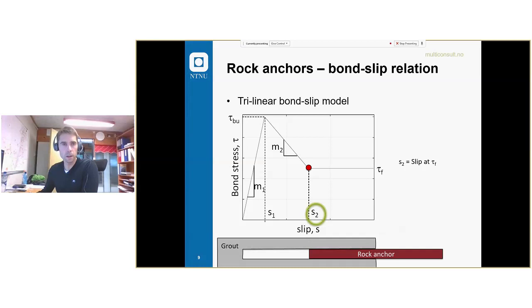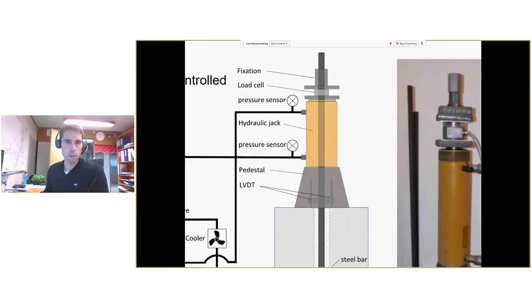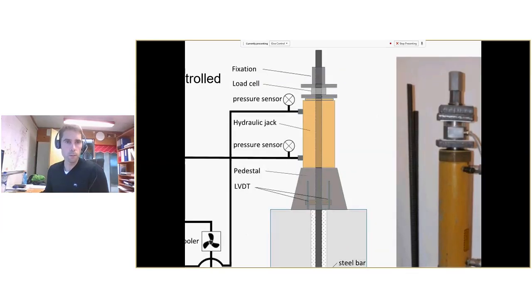So in order to define these values, we have to do laboratory testing. And the laboratory test setup looks like this. In this setup, we can do both monotonic testing and cyclic tests. If we take a look at this section, we have a hydraulic jack, a hollow jack.